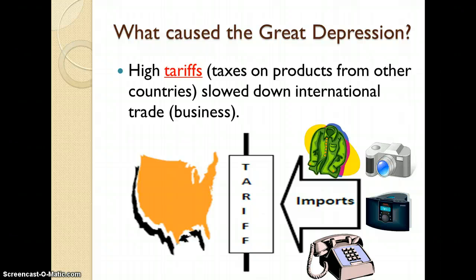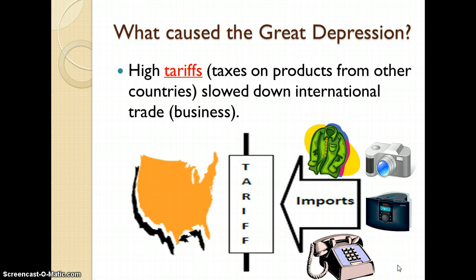The final major cause of the Great Depression is high tariffs. Tariffs are taxes on products from other countries. What the tariffs do if they're too high is that it stops other countries from trading with each other. So, here's a quick look at some different products: shirts, cameras, radios, telephones.